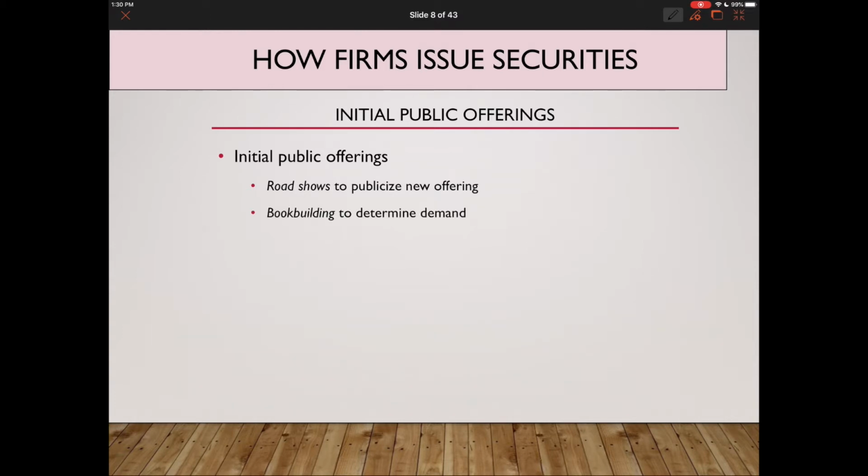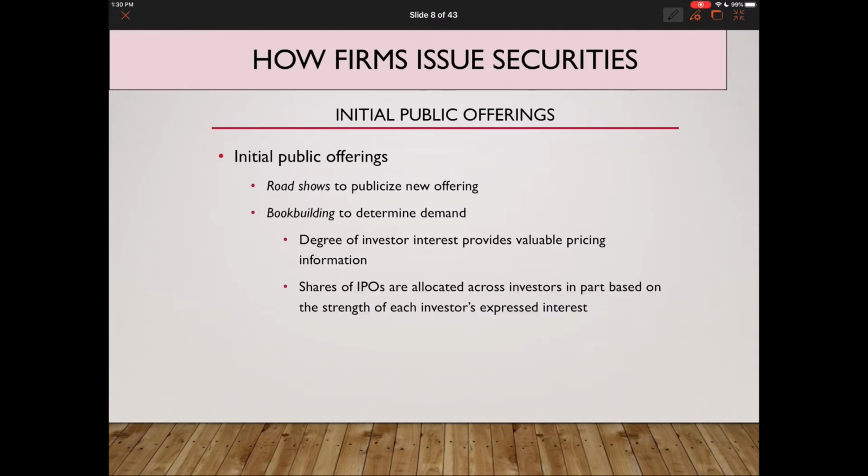So book building is what determines the demand, and it looks at the degree of investor interest, providing valuable pricing information: the price at which they should issue this new offering, and where it should be allocated. I was more so focusing on the size, the actual amount of shares that they should issue.